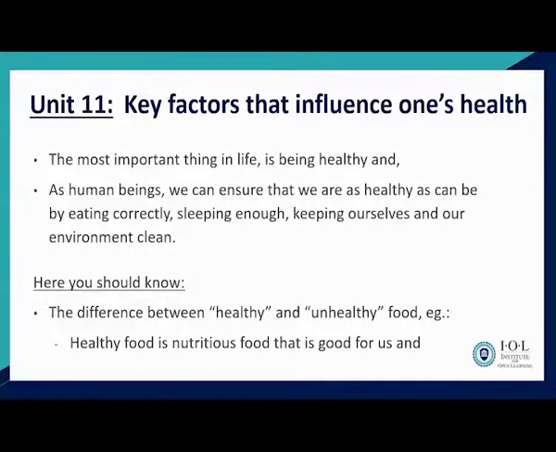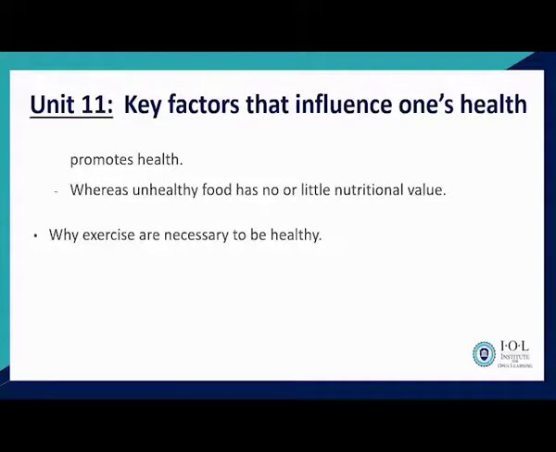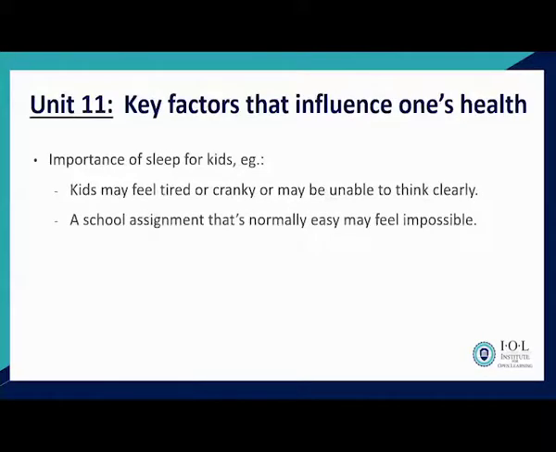Here you should know the difference between healthy and unhealthy food. For example, healthy food is nutritious food that is good for us and promotes health, whereas unhealthy food has no or little nutritional value. Why exercise is necessary to be healthy.